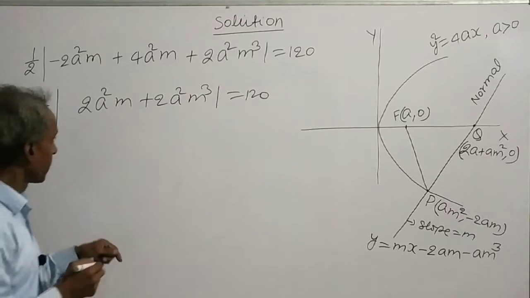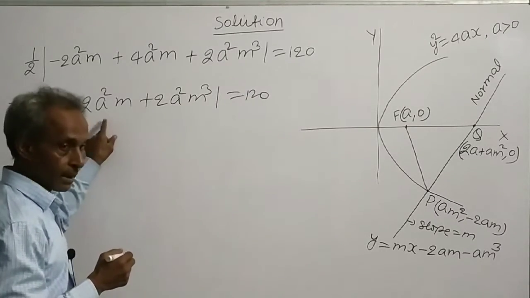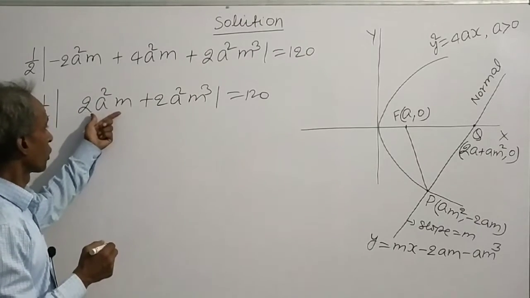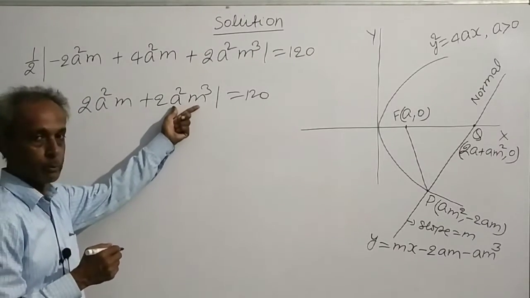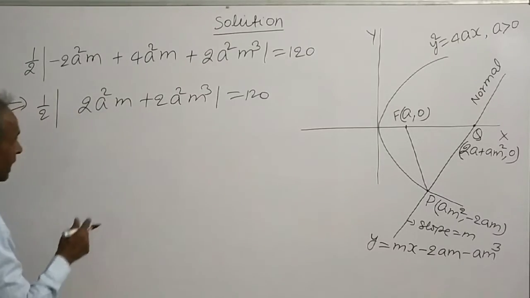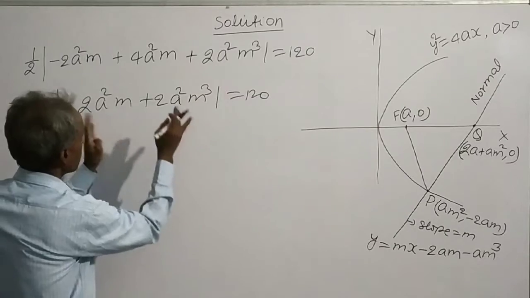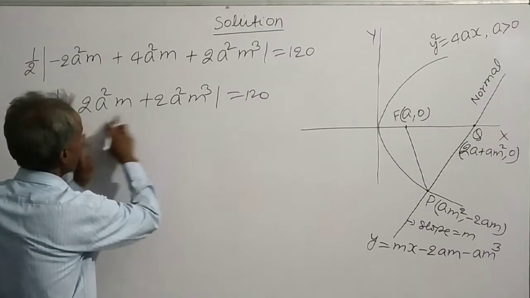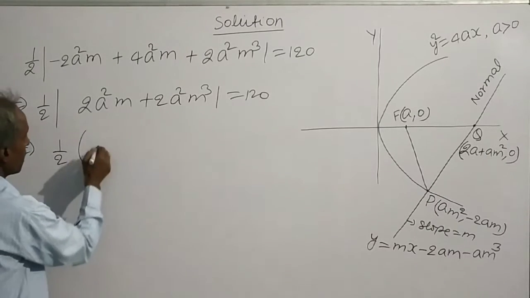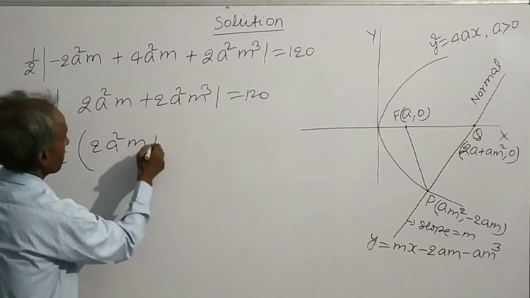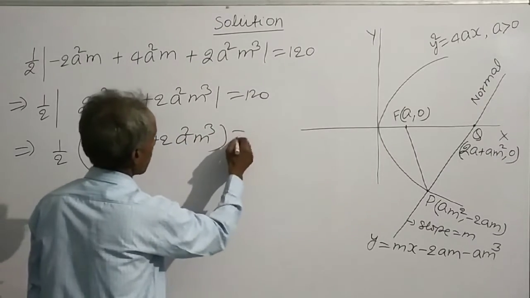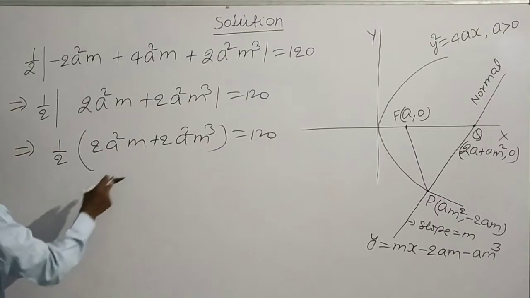Since a and m are both positive integers, this will be positive, and positive plus positive will be positive, so the mod of this is equal to itself. This implies 1 by 2 times 2a square m plus 2a square m cube is equal to 120.